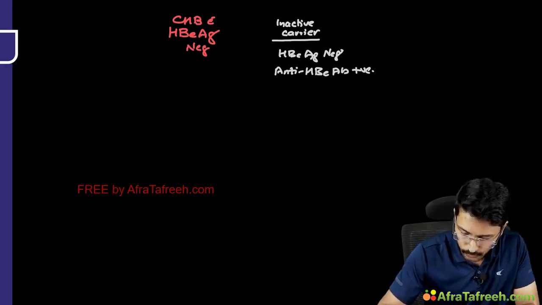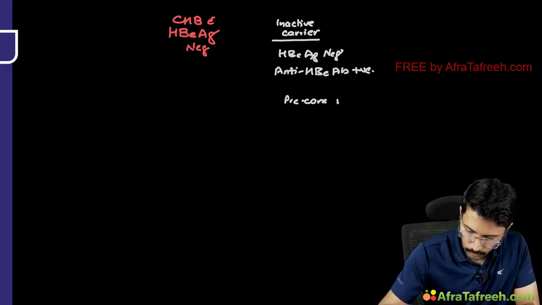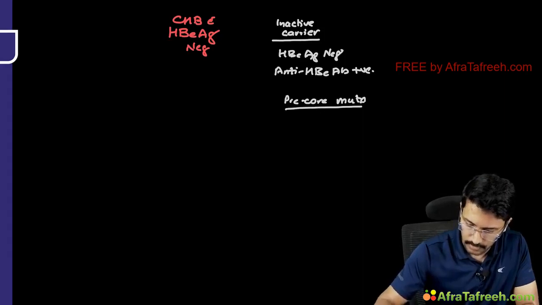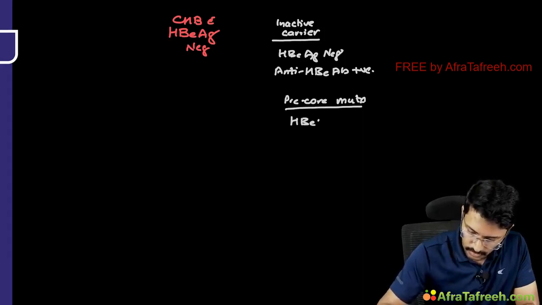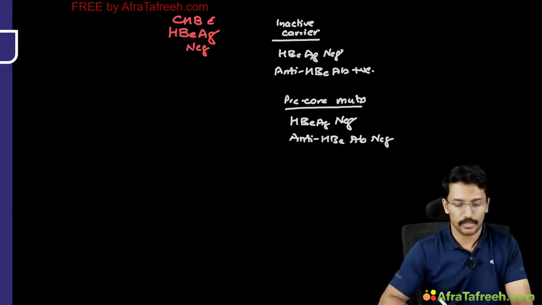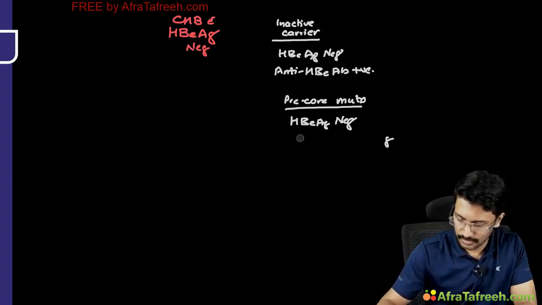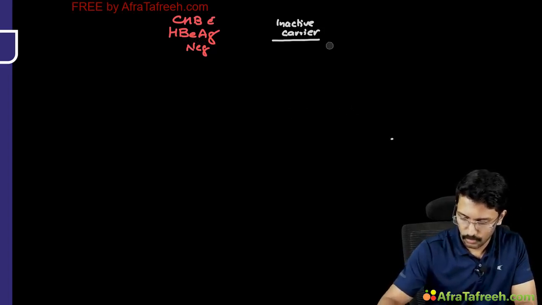And when it comes to a pre-core mutant, those variants generally will have HBeAg negative, but at the same time the anti-HBe antibody will also be negative. Clear? Okay, but what the guideline says is you don't need to really look at the pre-core mutation.